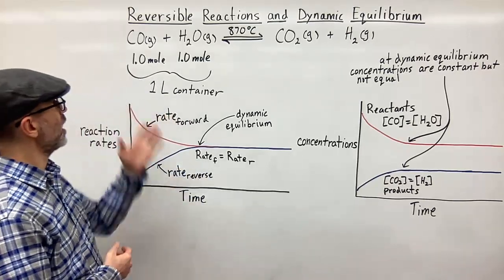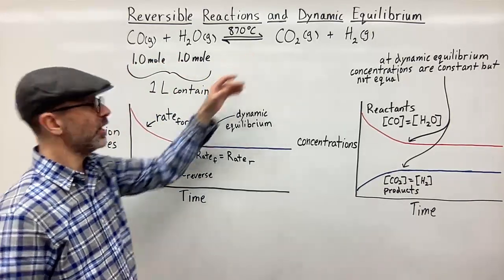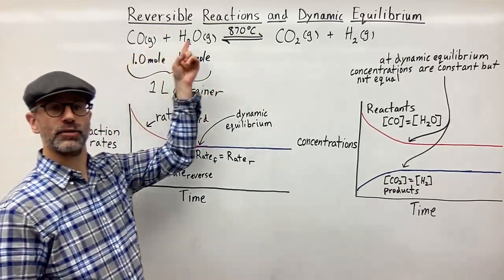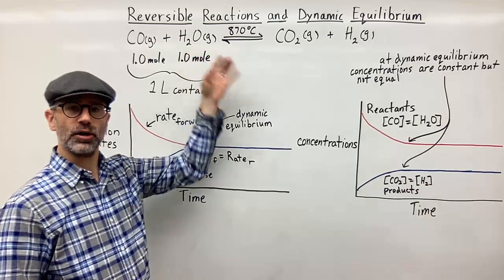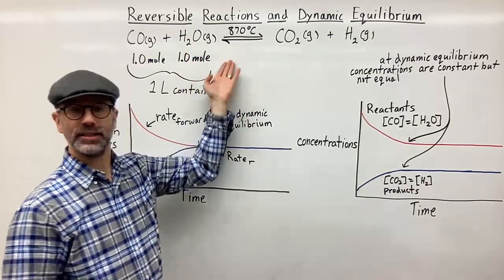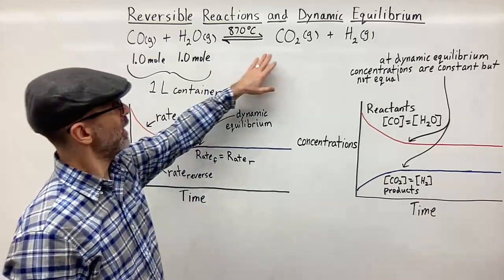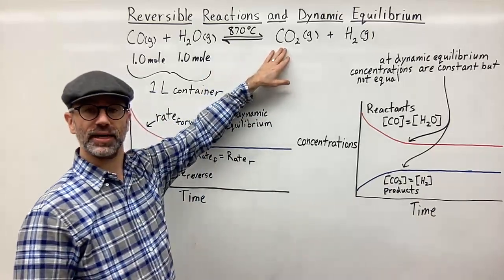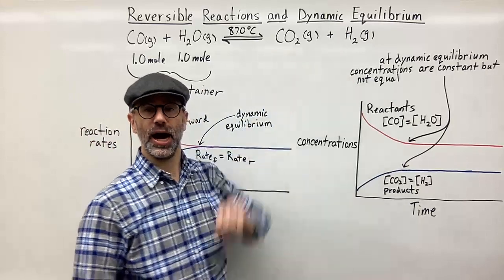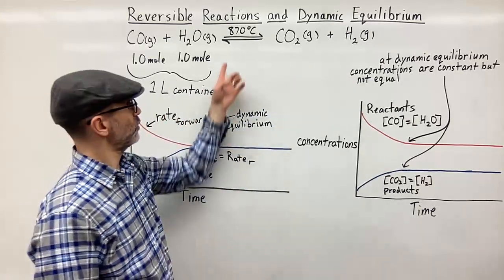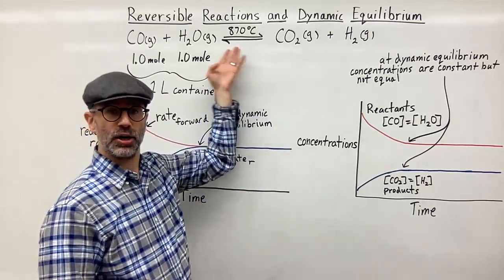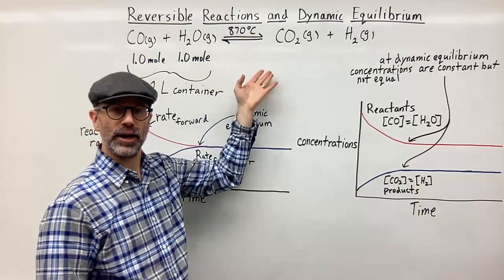So here we have a reversible reaction. Here we have carbon monoxide reacting with water at a temperature of 870 degrees Celsius, and that's going to form carbon dioxide gas with hydrogen gas. And so as you can see with the double arrow here, this is a reversible reaction.